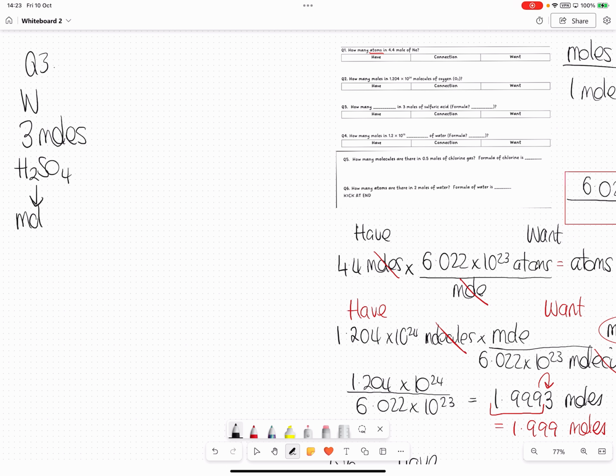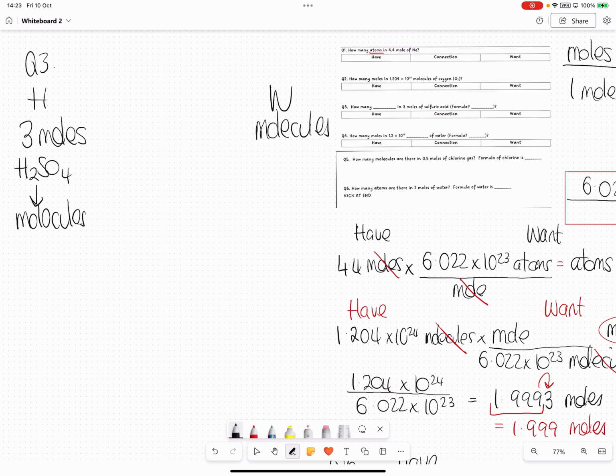That means we're dealing with molecules. So we must want molecules way over here, oh, I did that wrong, apologies. This is our have and this is our want. We have over here 3 moles, and we want molecules because the H2SO4 is molecules.